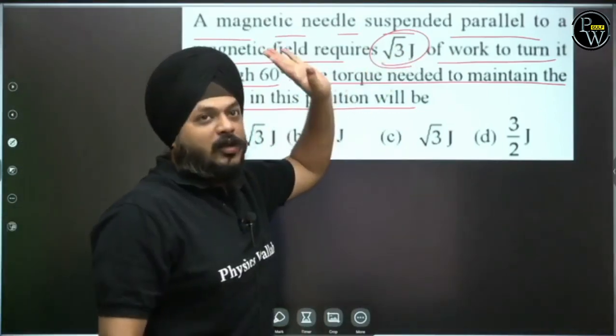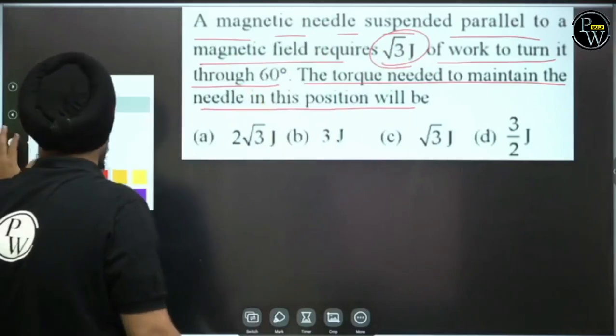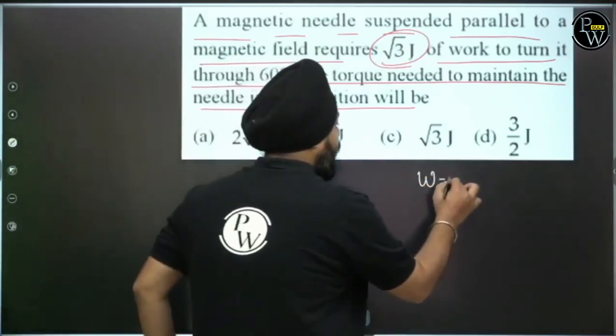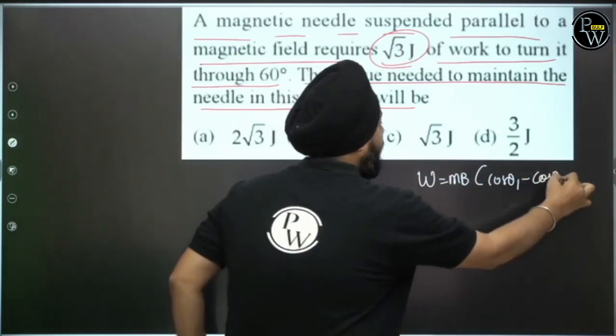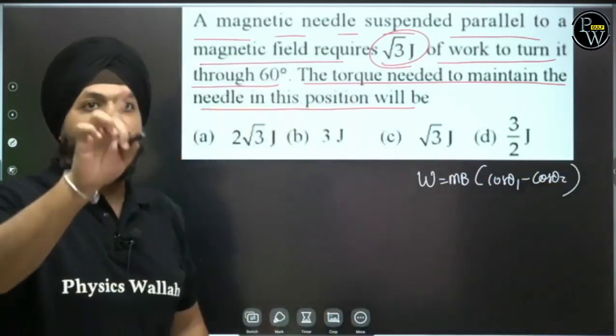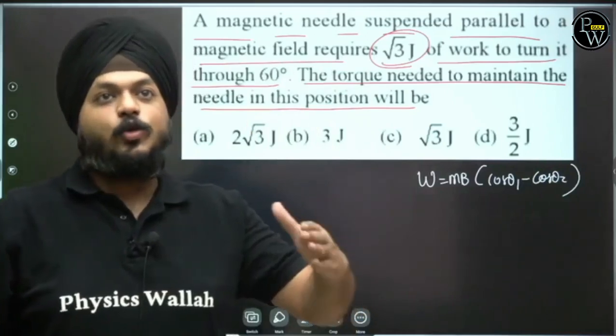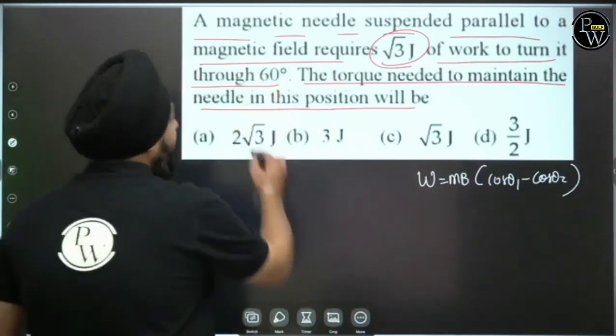Work done is √3 joule. Now we are aware of the formula: W is equal to MB (cos of theta 1 minus cos of theta 2). Rotation is done by 60 degree.